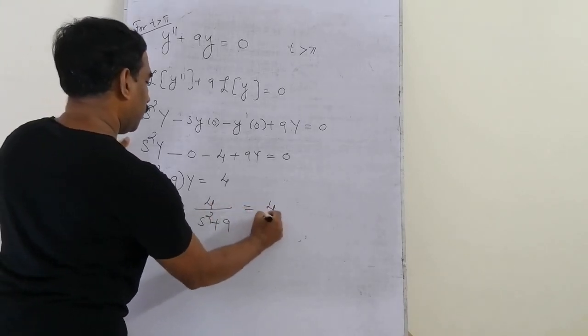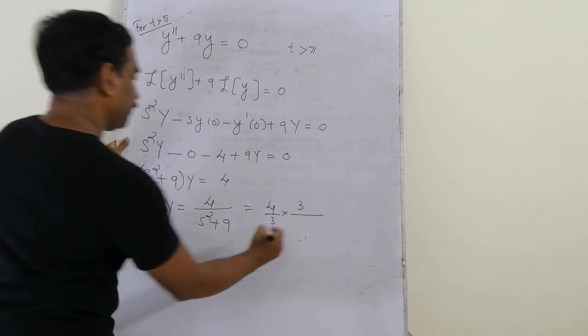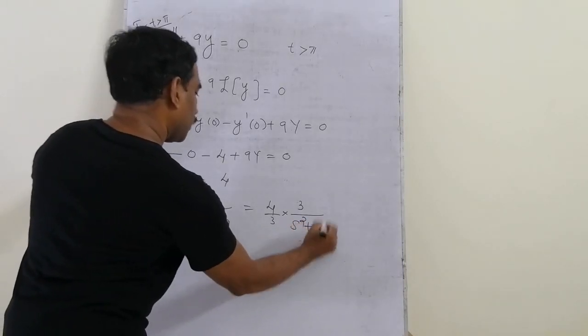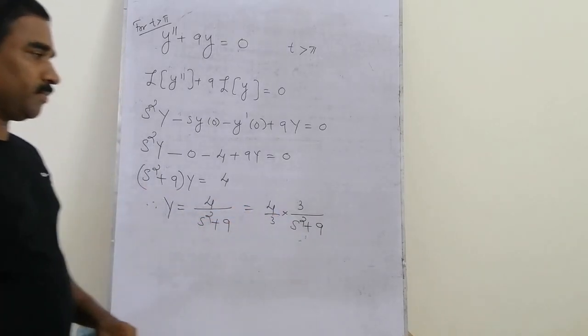And this is equal to 4 by 3 into, so we are inserting some 3 in the numerator, 4 by 3 into 3 by s square plus 3 square.